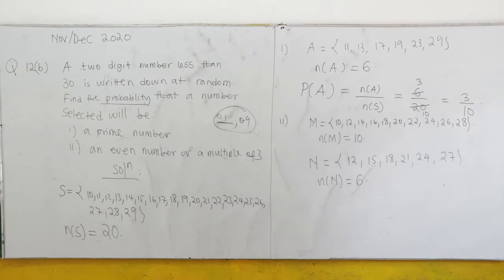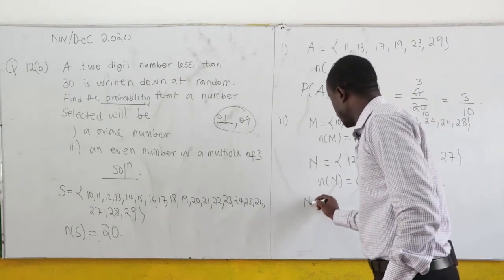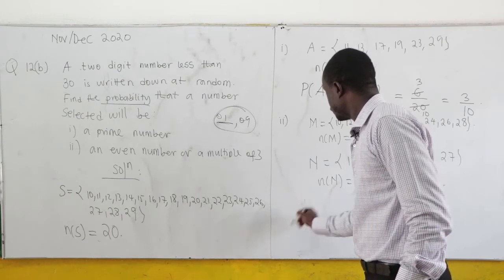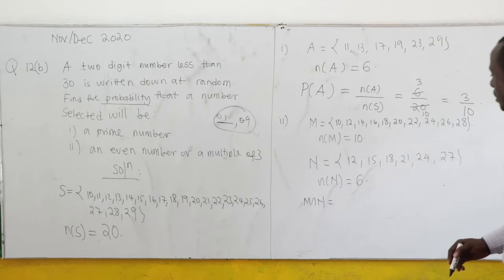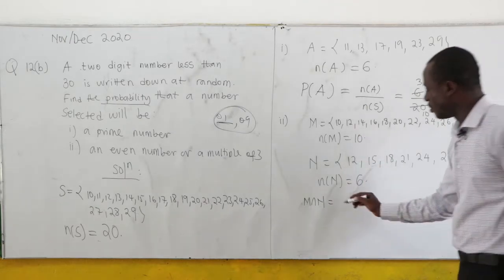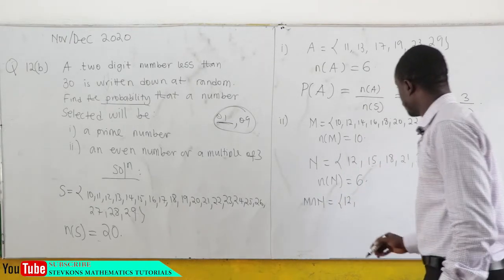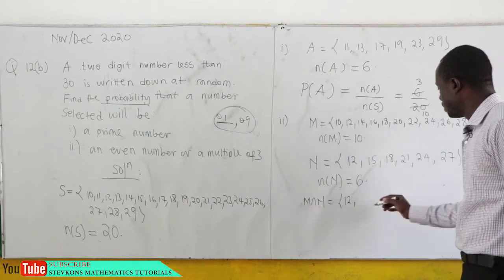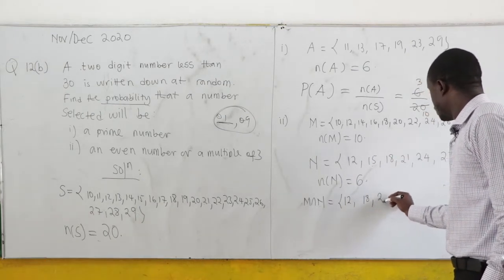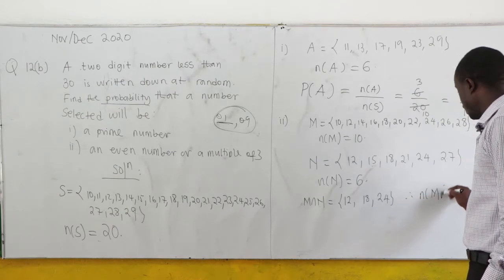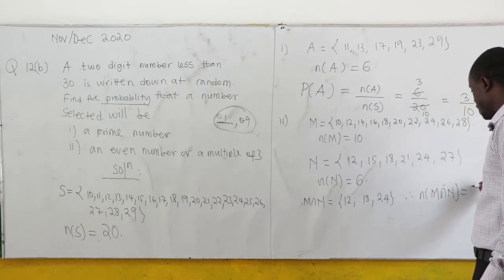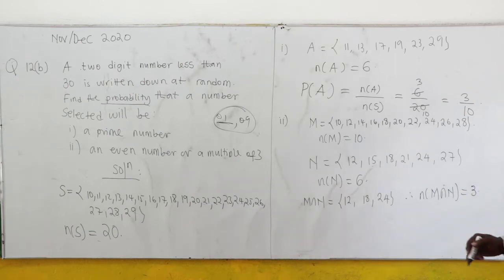Now let's see, is there an intersection between them? Now let's find M intersection N. Let's see if we can get some of them being common. Yes, 12 is common to them, 18, and then 24. Therefore, the number of M intersection N is equal to 3.